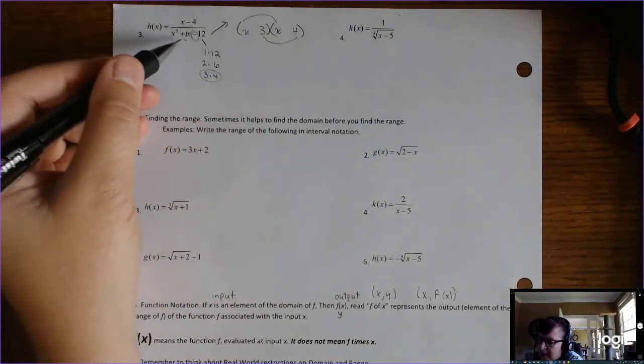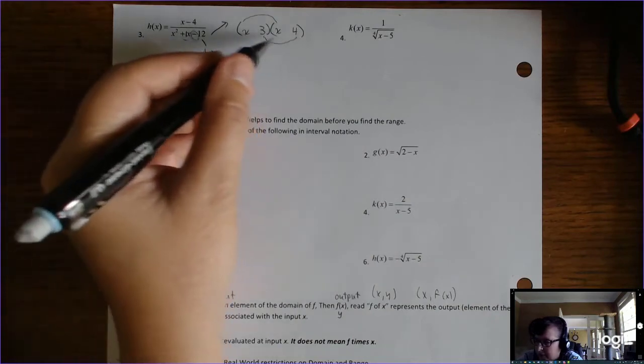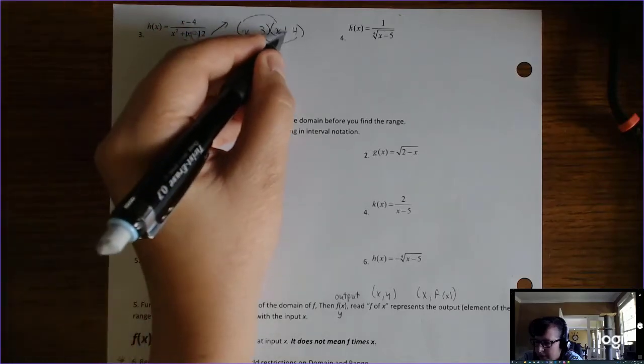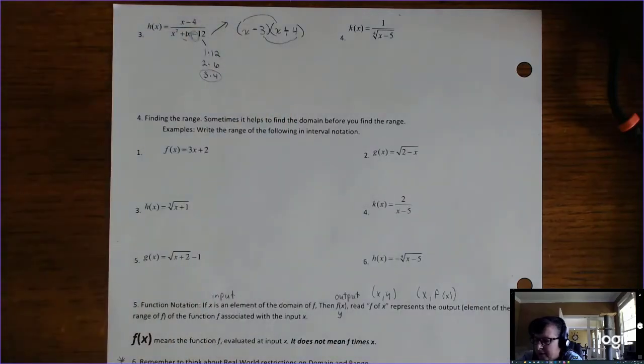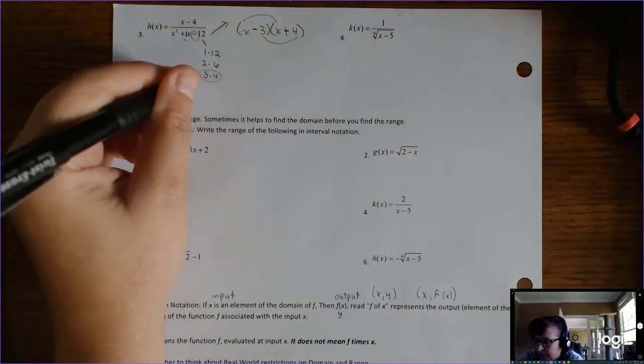Okay, I need this to be a positive 1, so I'm subtracting, so one of these has to be negative and one has to be positive. Well, if I want it to be a positive 1, that means the 4 needs to be positive and the 3 needs to be negative. So that's factored. So before I can deal with the domain, I have to factor that quadratic trinomial, which I just did.